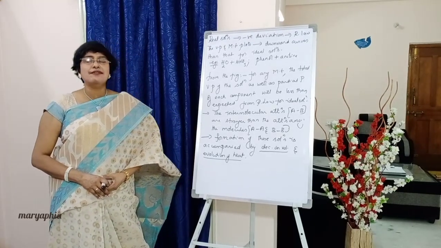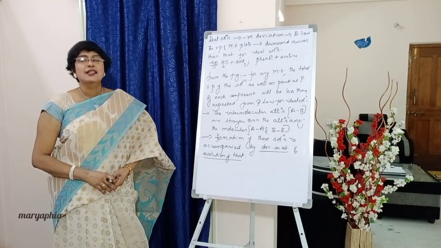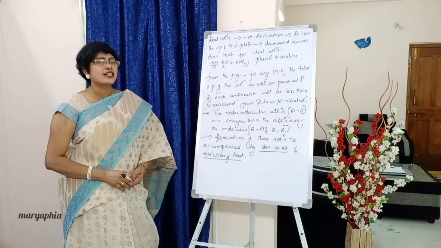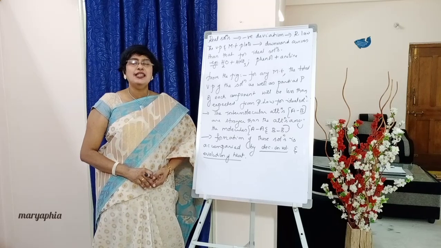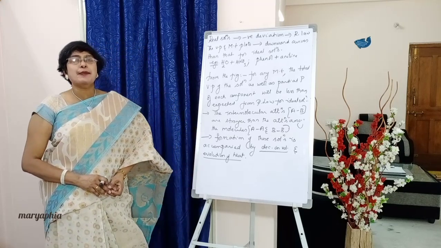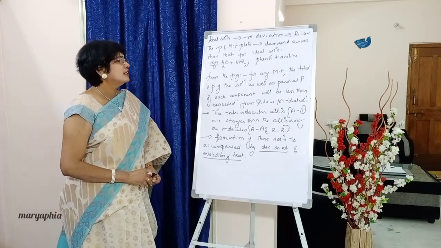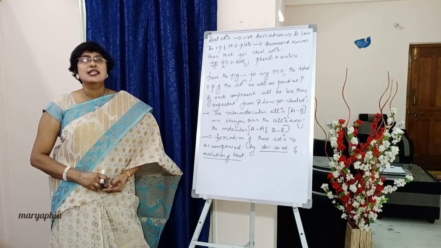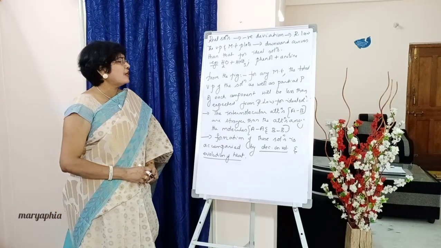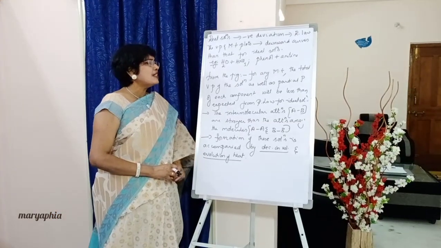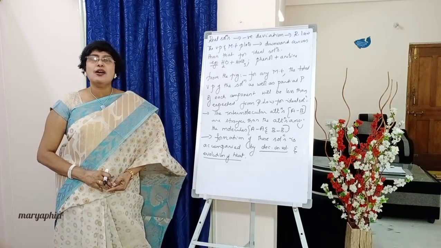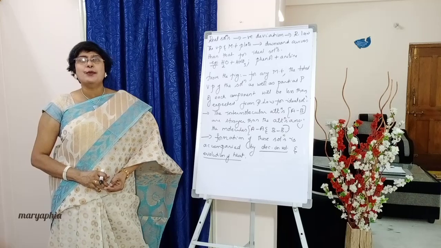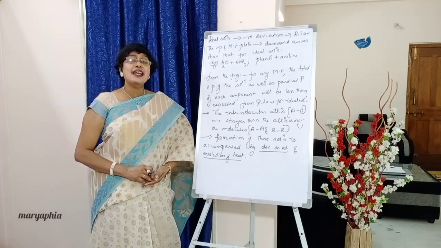From the above graph, it is understood that for any mole fraction, the total vapor pressure of the solution as well as partial pressure of each component will be less than expected.